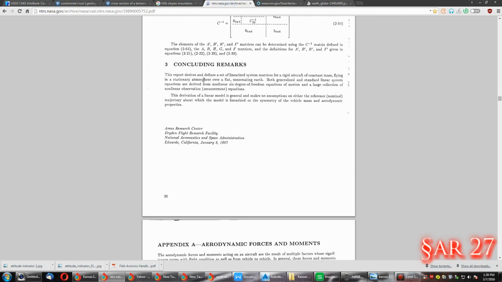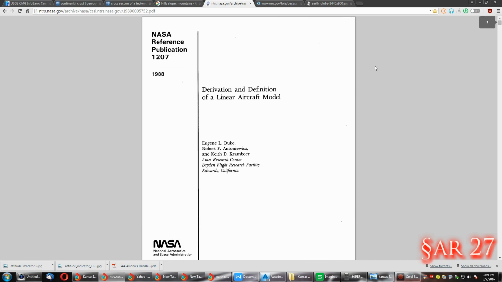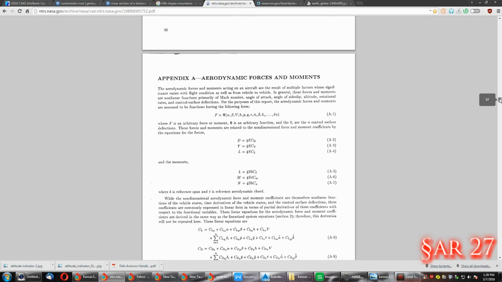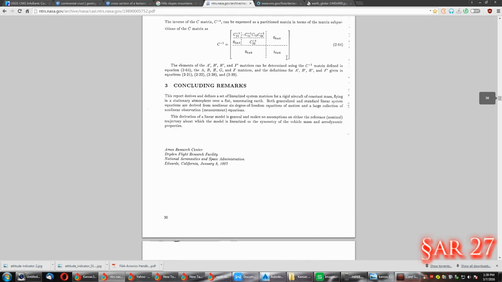I can come back here to the NASA document that I've heavily used in all of my videos, the NASA definition of a linear aircraft model, and we can go back to page 36 in the concluding remarks. It describes the matrices for the rigid aircraft of constant mass flying in a stationary atmosphere over a flat, non-rotating Earth.